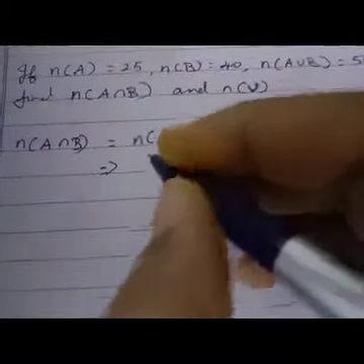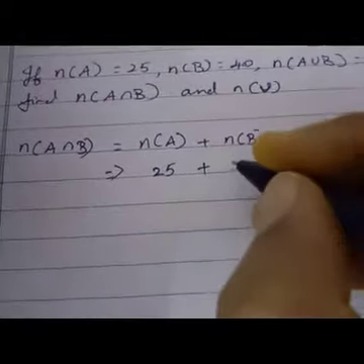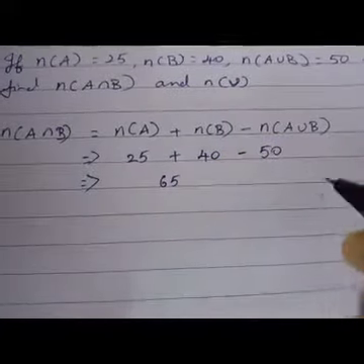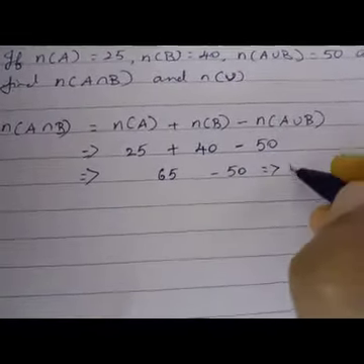Now the value of n of A is 25, plus n of B is 40, minus n of A union B is 50. Therefore, 25 plus 40 is 65, minus 50 is equal to 15.